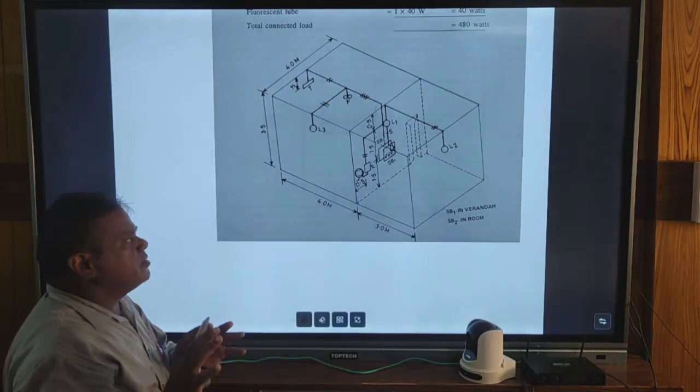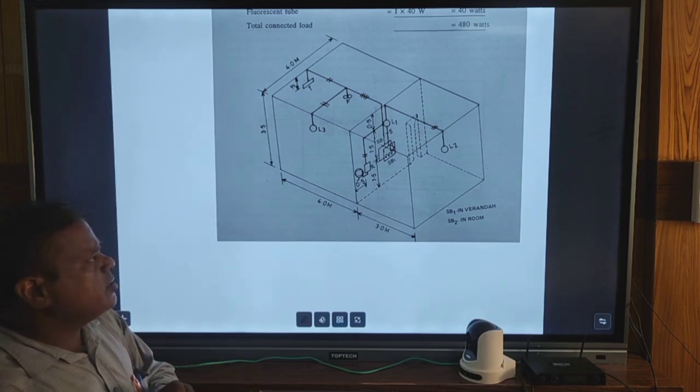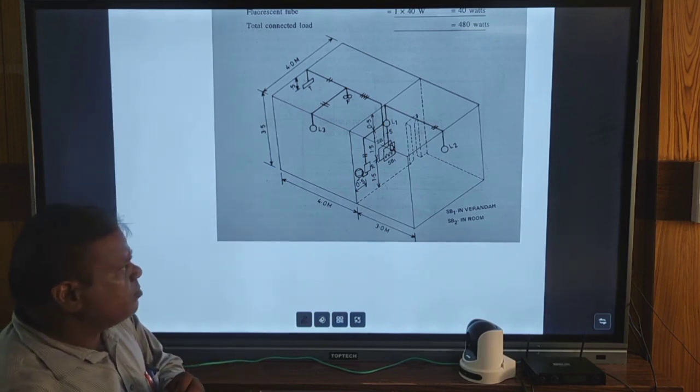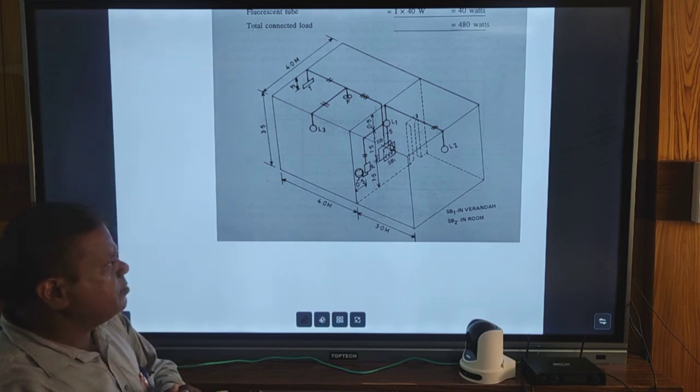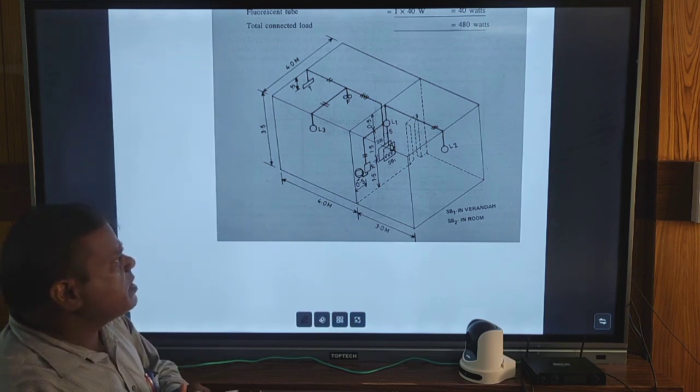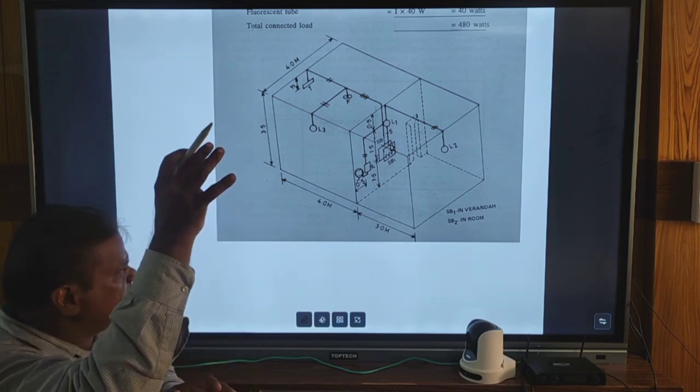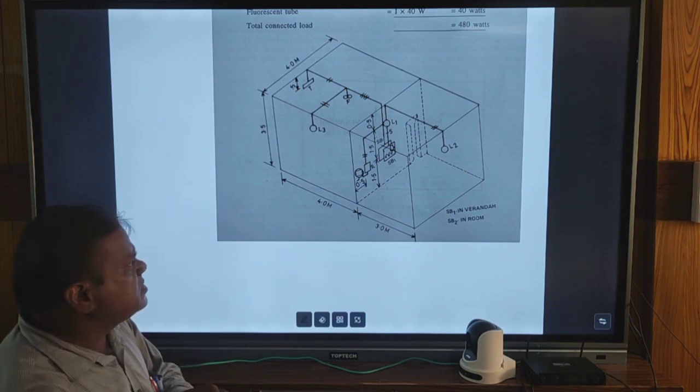The total height of the roof from the floor to the roof is 3.5 meter, and the split up of the 3.5 meter is like this.